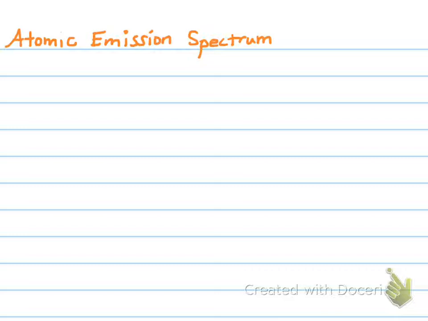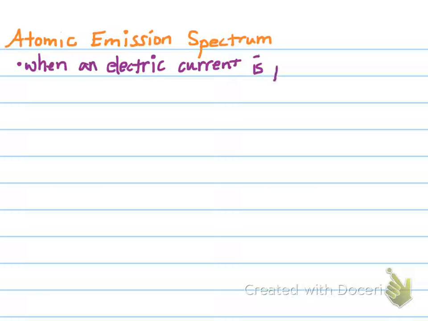So this similar type of thing is going to happen when you excite atoms with electricity. An atomic emission spectrum happens when an electric current is passed through a gaseous element.